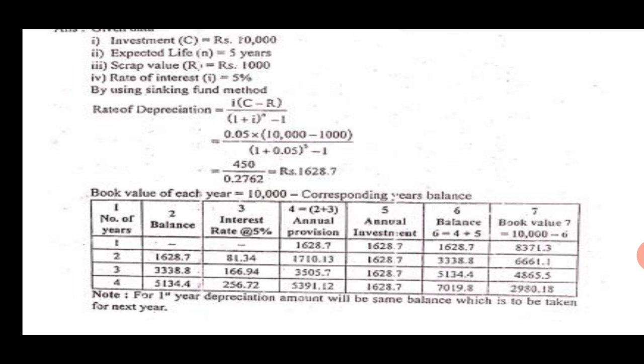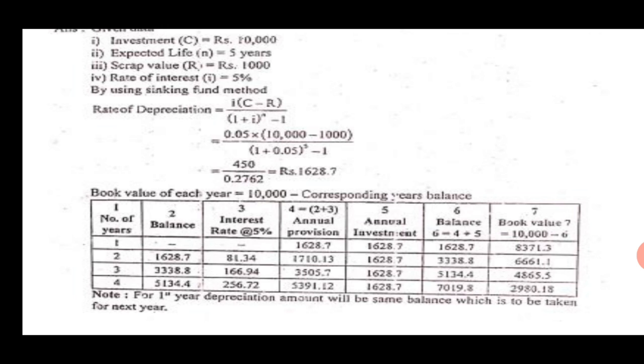Then fifth is the annual investment, that is your depreciation amount every year. The sixth is the balance, that is 4 plus 5, annual provision plus annual investment. And last is the book value, column 7, that is 10,000 rupees, the capital cost, minus 6, the balance.